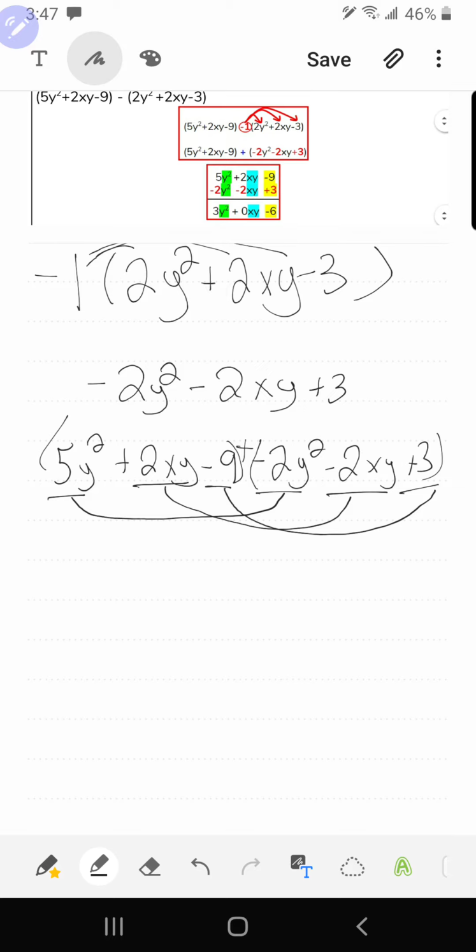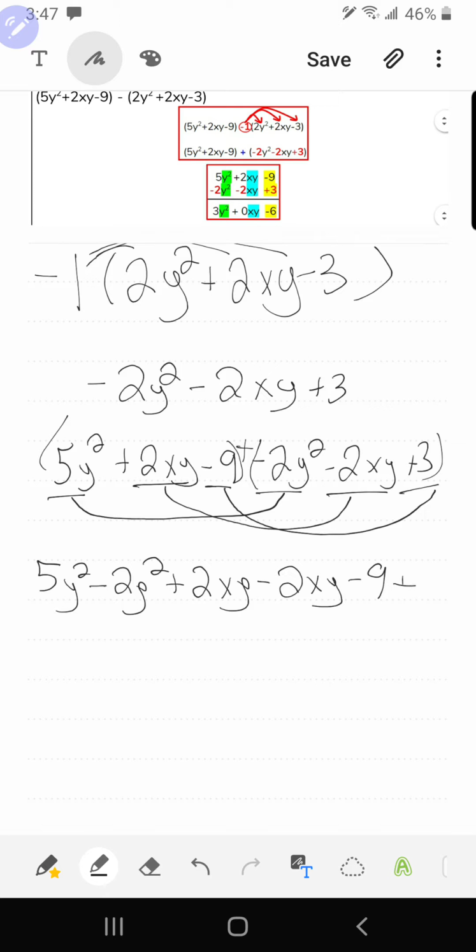I'm going to do it first horizontally, which is going to look like 5y squared minus my 2y squared, and then plus 2xy minus my 2xy, my negative 9 plus 3. So I have 3 sets of like terms.